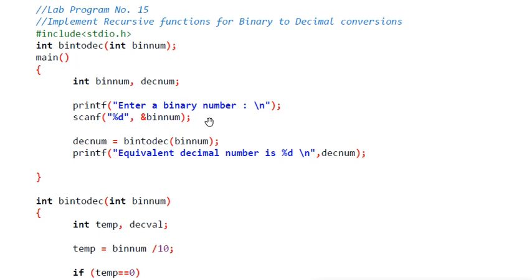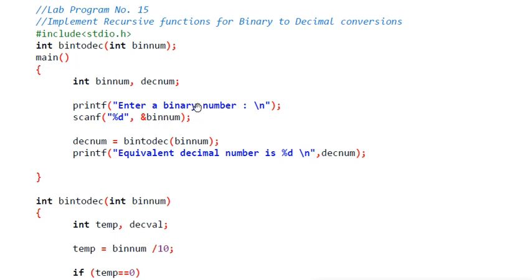Now here one assumption is we are expecting users to enter only a binary number. That doesn't mean that we cannot write code to check whether what the user has entered is a binary number or not. For example, the user can enter 235 or any number which is not a binary number.